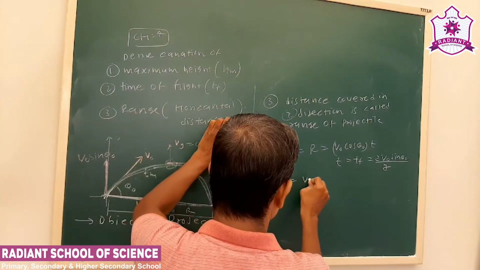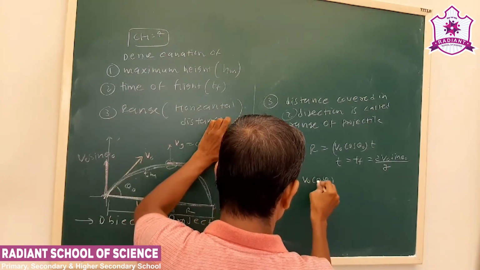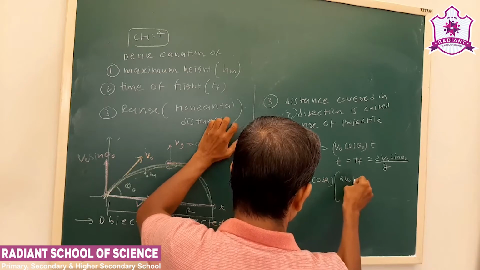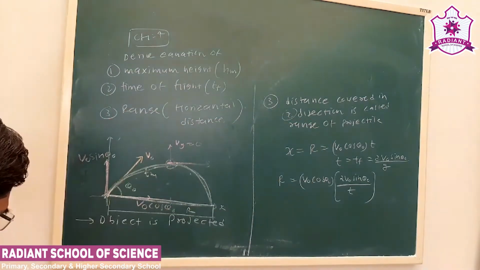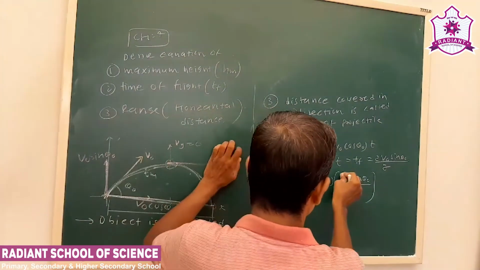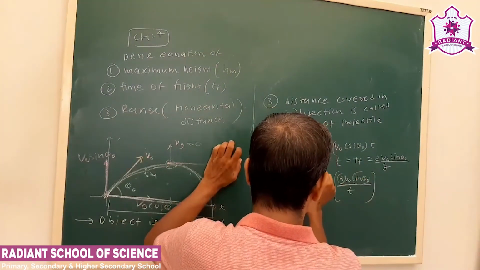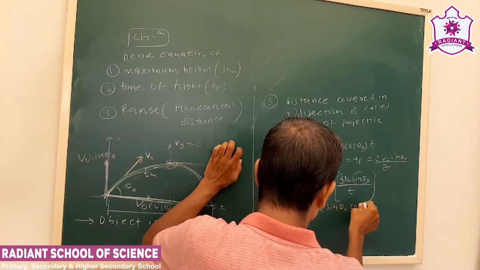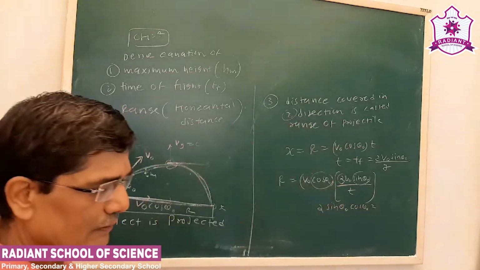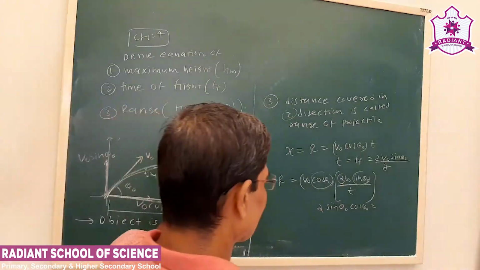So our range is v0 cos theta0 into 2 v0 sin theta0 upon g. Now here we have an important trigonometric identity, that is 2 sin theta0 cos theta0. 2 sin theta cos theta is sin 2 theta.